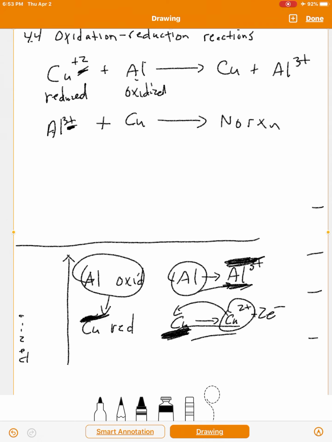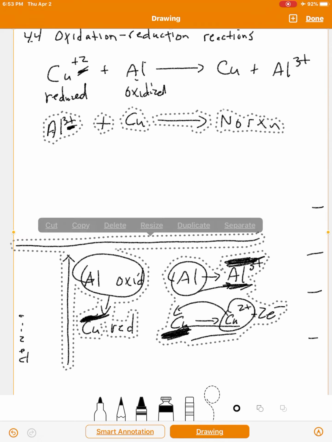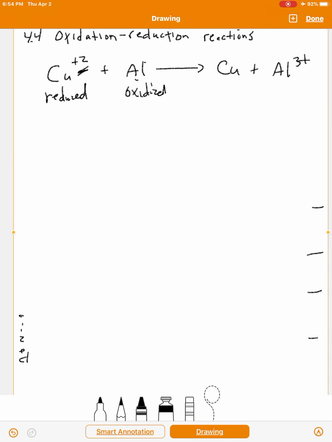Now, once you figure out whether a reaction is going to take place or not, the next issue is the balanced equation. So now you can go back and do this half reaction method. We went over that in the beginning of the video.